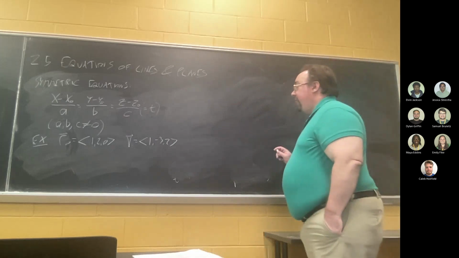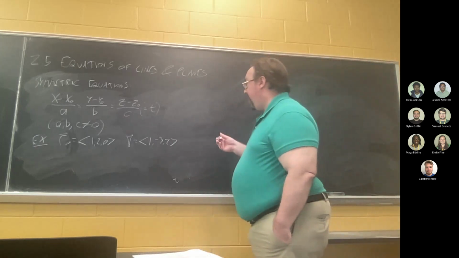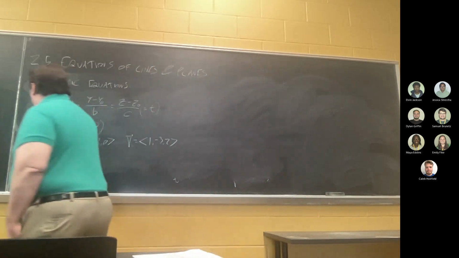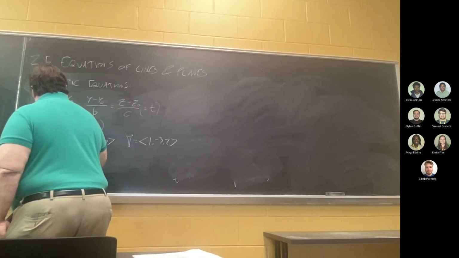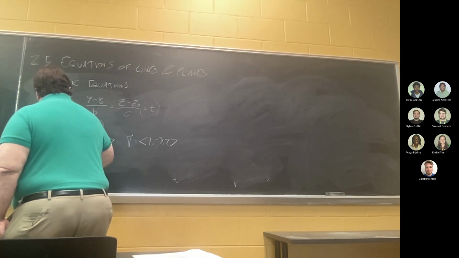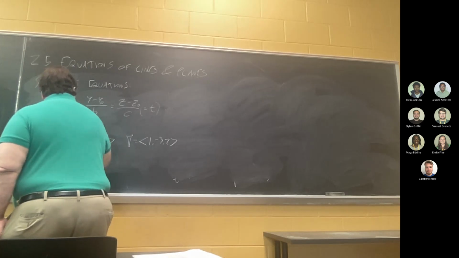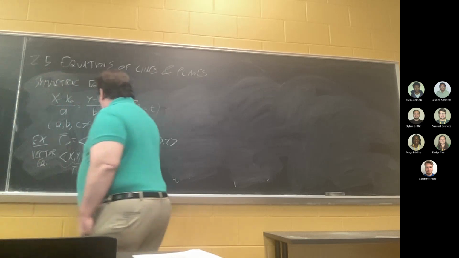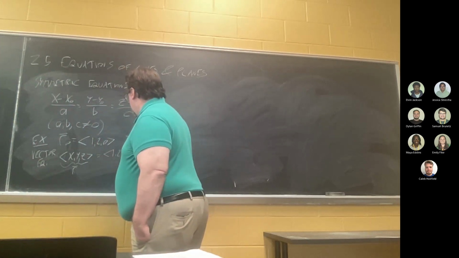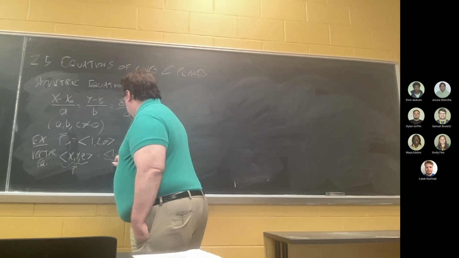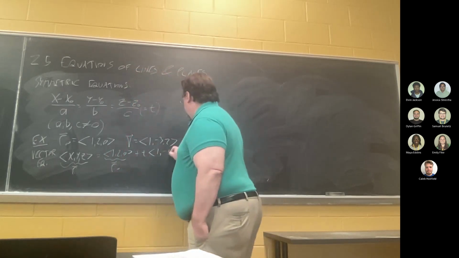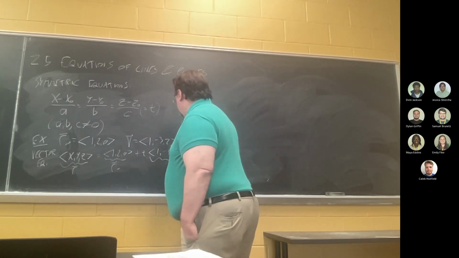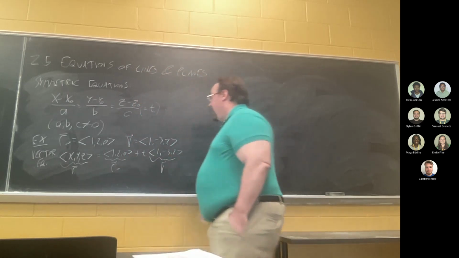So to express this in the various ways that we've seen, the vector equation would be the vector x, y, z, which is r, equal to a vector 1, 2, 0, which is r0, plus t times a vector 1, minus 3, 2. So that is vector v.